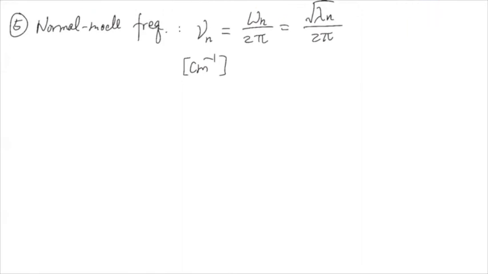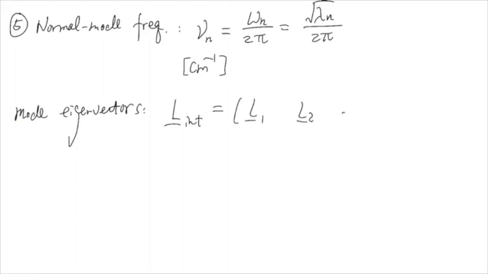Of course, you can also have the eigenvectors, the normal mode eigenvectors. All the eigenvectors are collected in this matrix L, right? So L1, L2 until LS. All of these L1, L2, LF are just the column vectors.